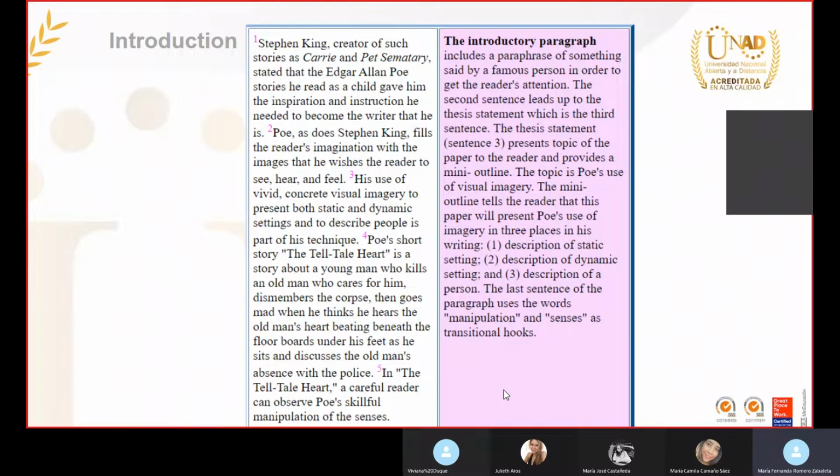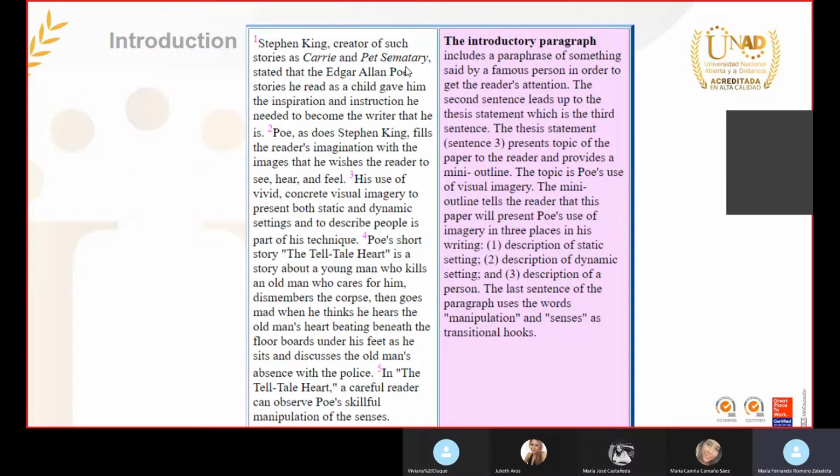He says Stephen King, creator of such stories as Carrie and Pet Cemetery. So if people don't know Stephen King, maybe they know his stories. He is trying to interest people that already know Stephen King, probably a lot of people, to keep reading the text. So if you're interested in knowing about Stephen King, or about this story, if you like them, you may probably want to keep reading this essay.